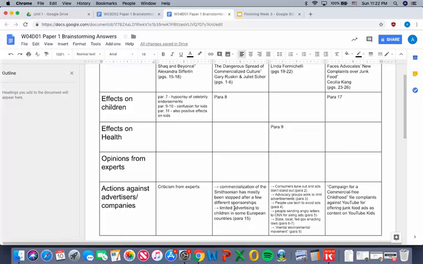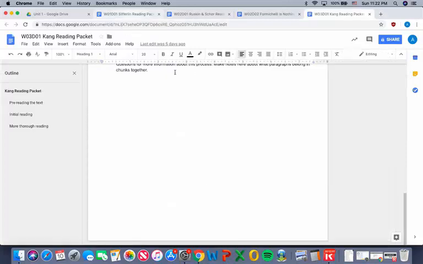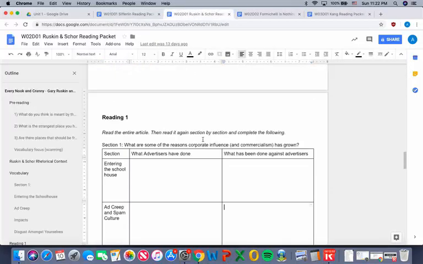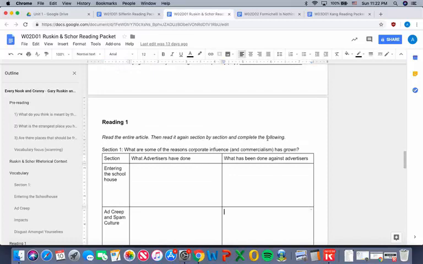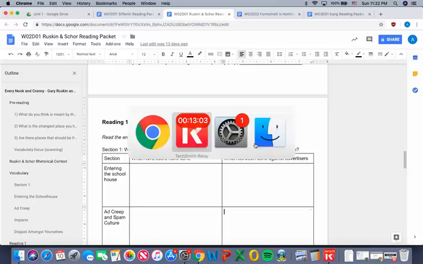There's limited advertising to children in some European countries, and that was the article that we did a reading packet for that really focused on those actions against advertisers. So that's just a couple of the things that have been done. You can really add a lot more.